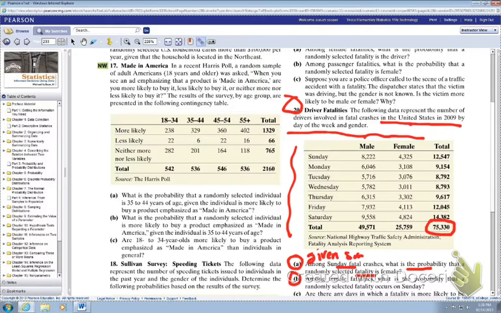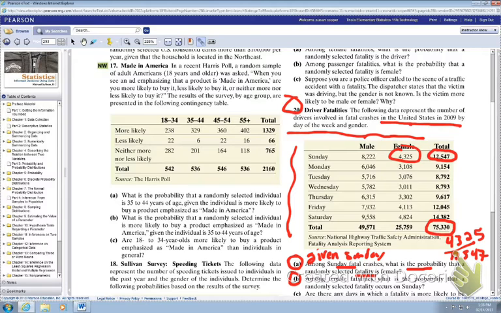Sometimes they'll say, given that it's Sunday, what's the probability that a randomly selected fatality is female? So you're really just shrinking the sample space to Sunday. So the 12,547 will go on the denominator, and then you're looking at the females, and you're saying, okay, 4,325.